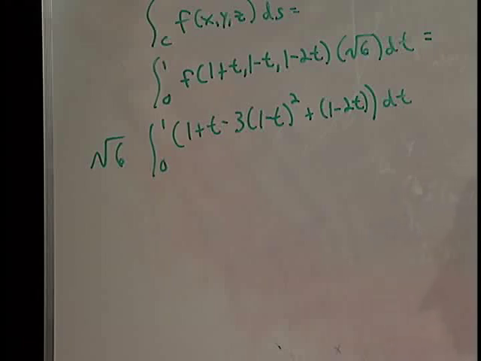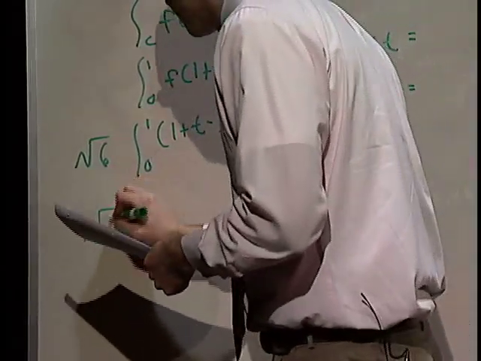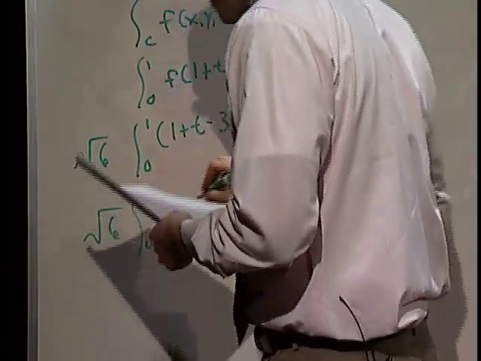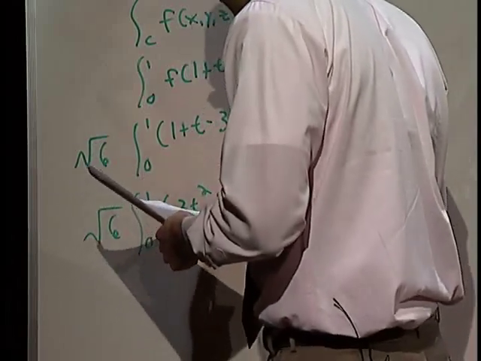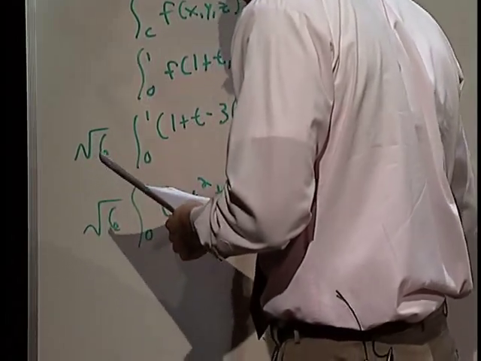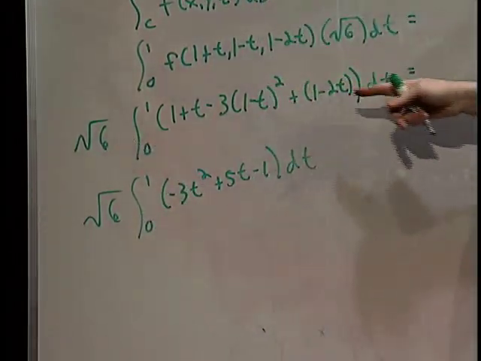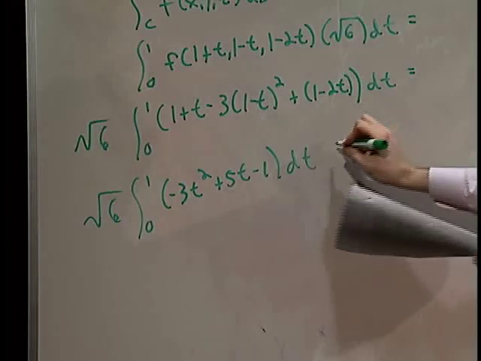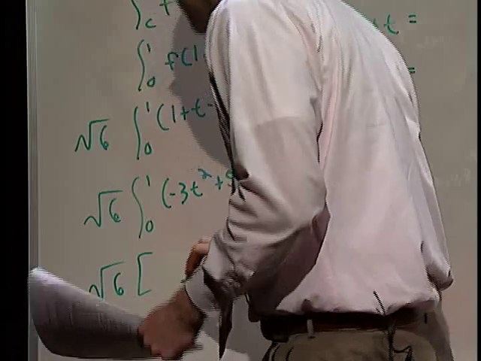So I'm plugging in the component functions for x, y, and z. And you crank that out, what on earth do you get here? So root 6 and 0 to 1, and then add stuff up. You should get negative 3t squared plus 5t minus 1 as the result of all this algebra. Okay.